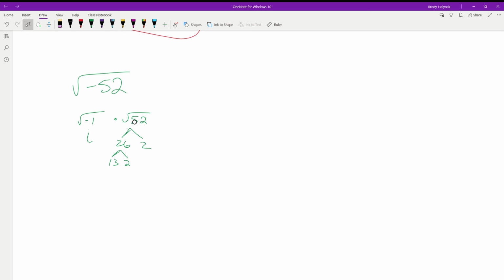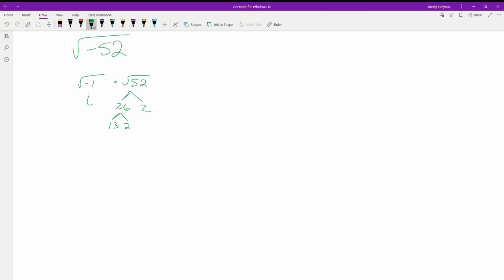So what this would reduce down to, a lot of times in this instance, I would combine these together. So we have the 2I times the square root of 13. Otherwise, that I could be lost and get back up underneath the radical.